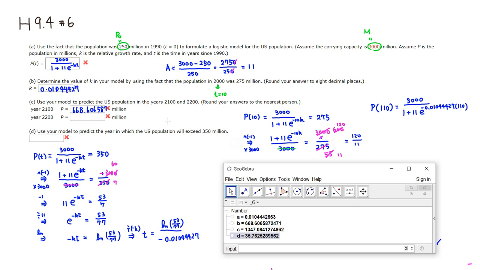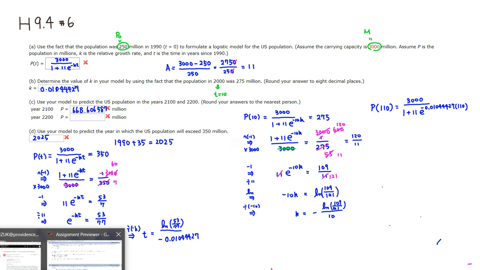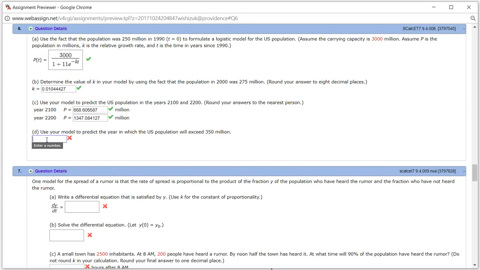So I'm going to do 1990 plus 35, so this is going to be 2025.